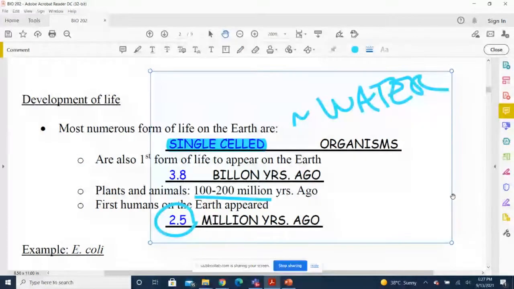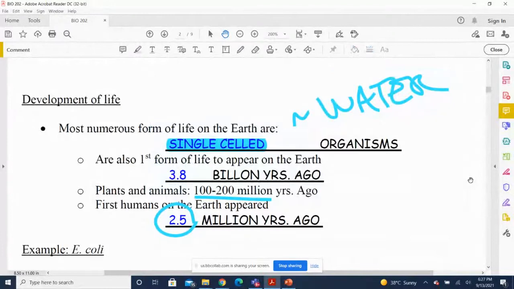Something to consider, though, is that in that very short period of time that we've been on the Earth, humans have had a significant impact on the entire planet. We are having much greater impact on other life forms than any other life form before us has had.